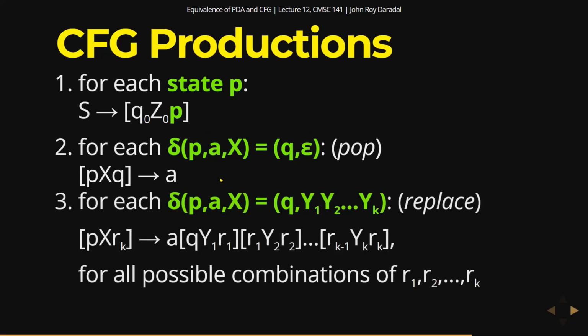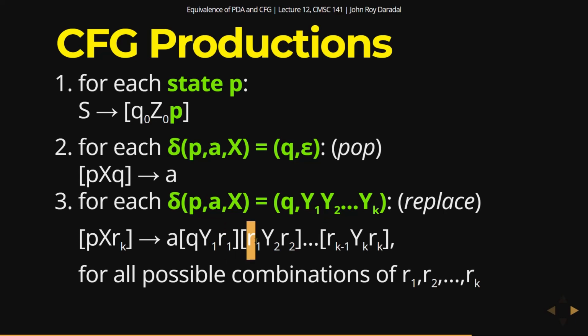And finally, the third type of production is following the replace pattern, right? So X is replaced by this string of stack symbols. So you start at P, you want to eventually pop off X and its replacement symbols, so you'll have to eventually end up in some state R sub K, and you do the replacement by starting at A input symbol, which allows you to transition from state P to Q. But from Q, you're now supposed to remove Y1 and end up in some state R1.